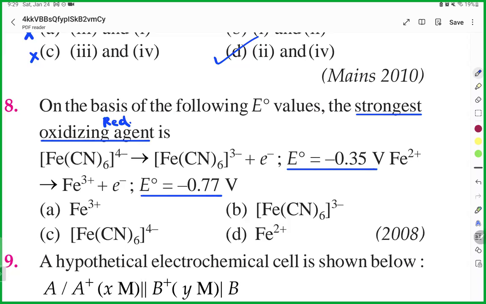Minus 0.35, sorry, is more. A high value means reduction. So here FeCN6 3 negative will undergo reduction. What will be your answer?